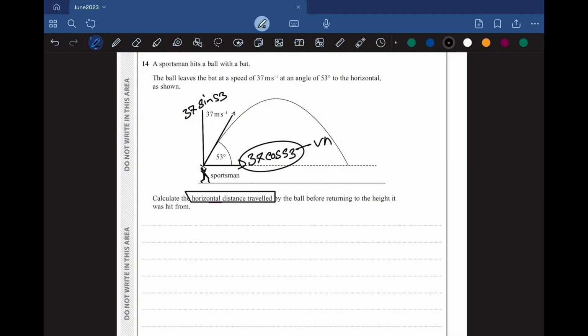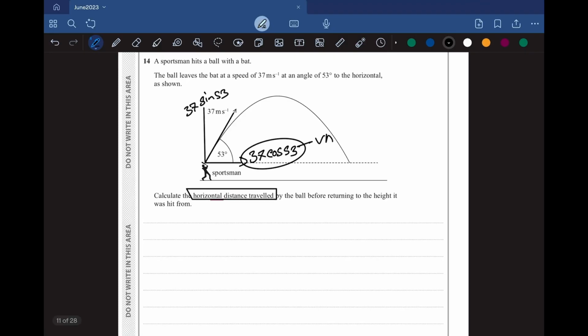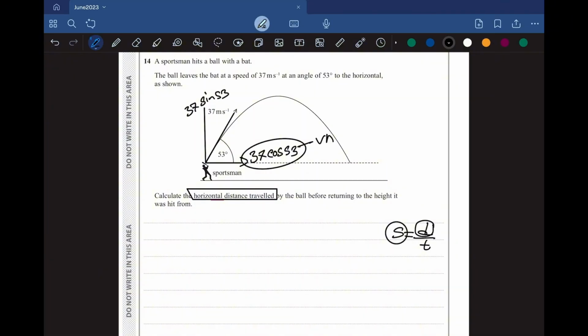So we have the velocity and we have to figure out the distance. We know speed is equal to distance divided by time taken, right? So to figure out the distance, we will have to figure out the time. Now let's figure out the time right here.